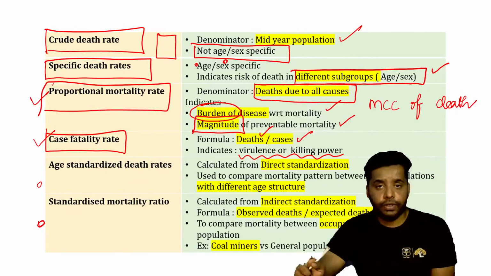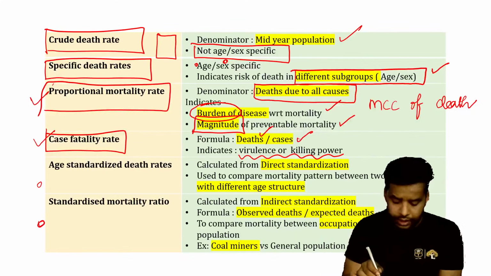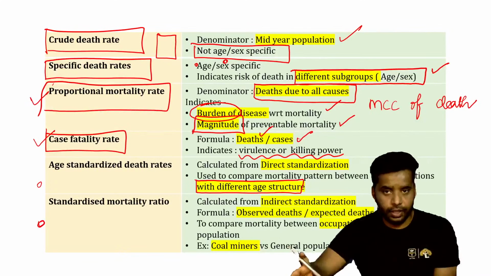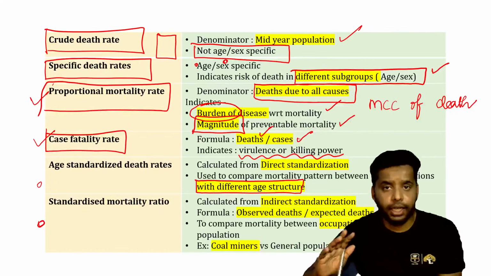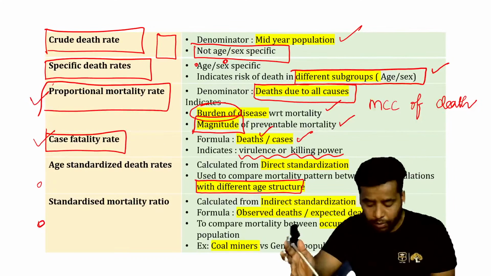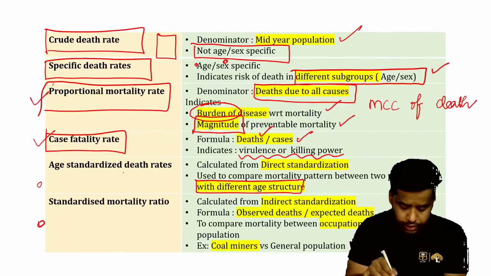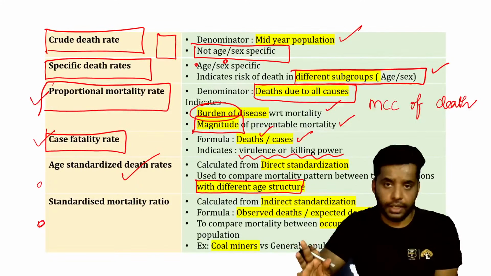Two populations with different age structure: one is an old age population, the other is a young age population. If I want to compare the mortality pattern in such situations, what do you use? The question is direct. The answer is age standardized death rates.